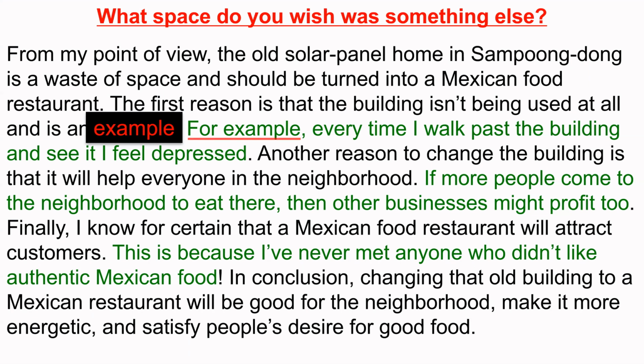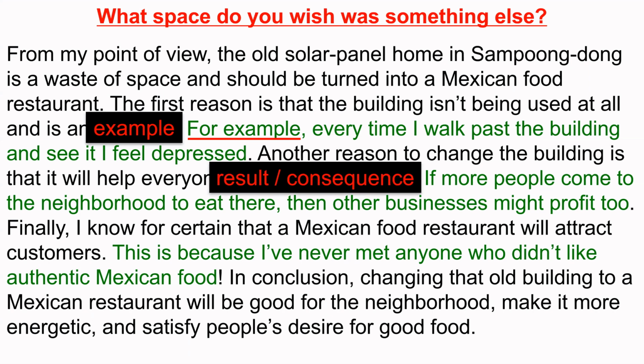The next one, he uses the if this, then that. I'm holding a pencil. If I open my hand, then the pencil will fall. So, right? If more people come, then etc., etc.